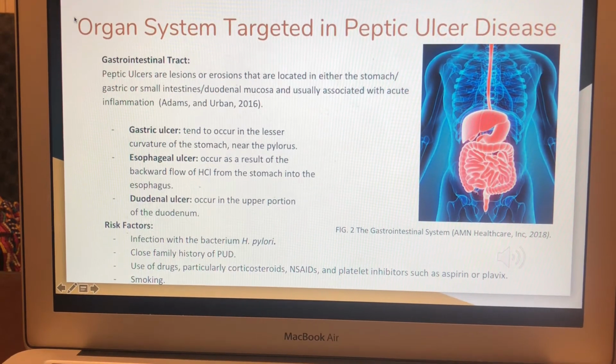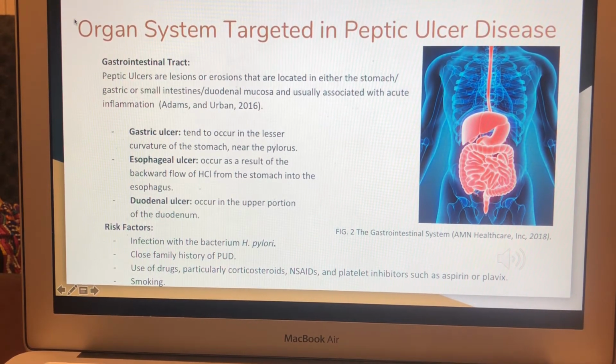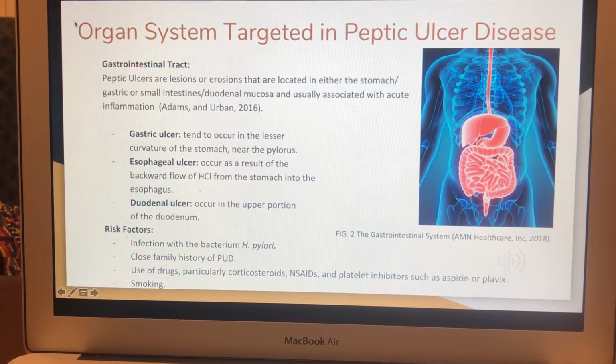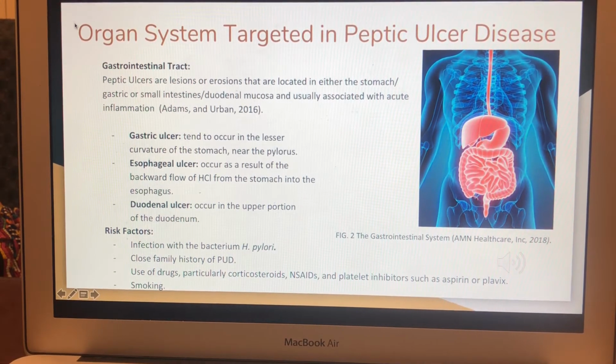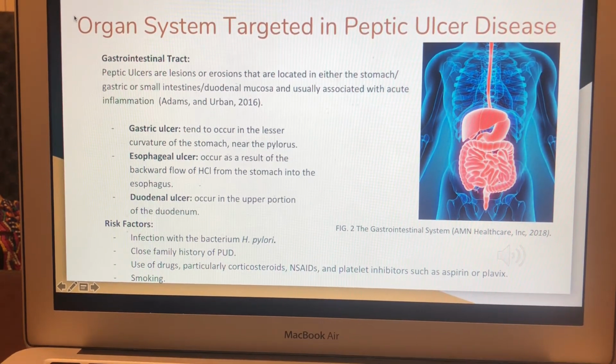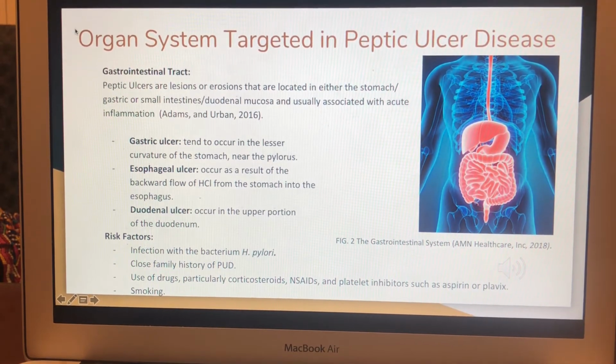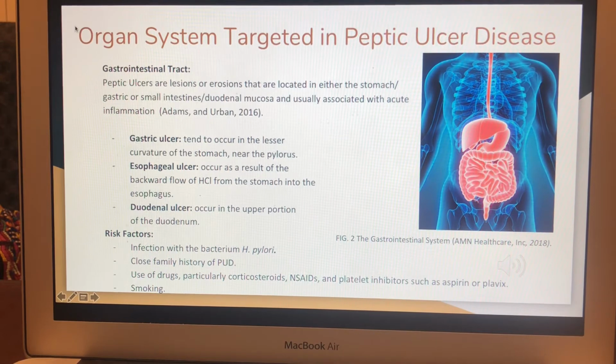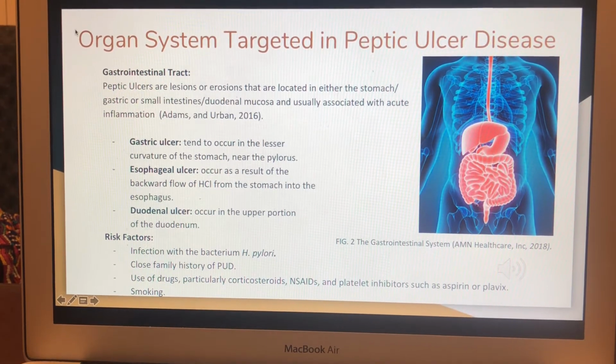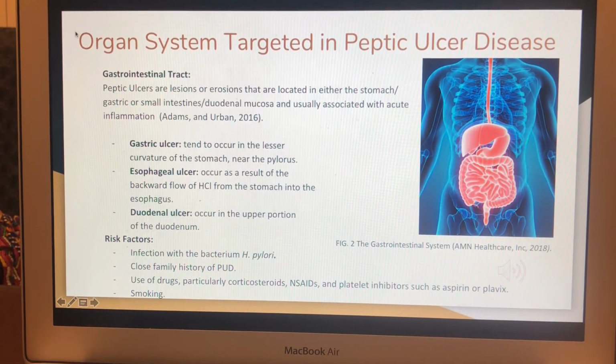Organ system targeted in peptic ulcer disease. The gastrointestinal tract is essentially a tube that extends from the mouth to the anus. It has generally the same structure throughout. There is a hollow portion of the tube known as the lumen, a muscular layer in the middle, and a layer of epithelial cells.